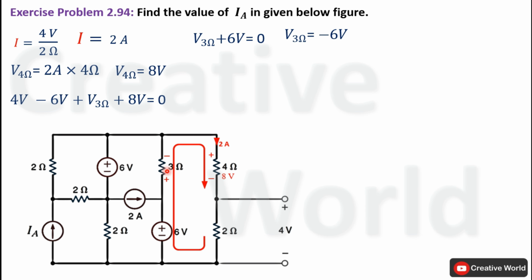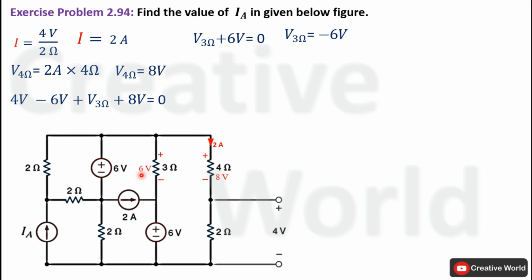The actual polarity notation of voltage across this 3 ohm resistance is opposite to the assumed polarity. So modify the network by indicating right polarity notation across this 3 ohm resistance and the value of voltage as well. 6 volt with this polarity is appearing across this 3 ohm resistance.